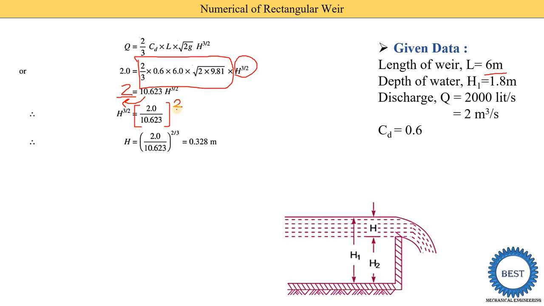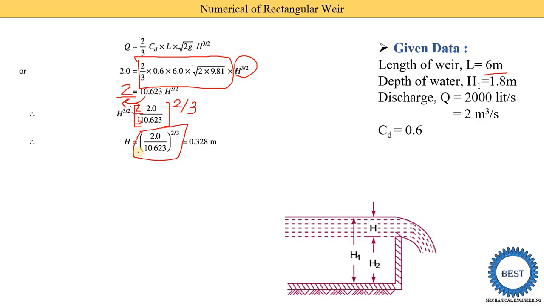So on the right side we multiply with 2 by 3, and this part we can also multiply with 2 by 3. So the 3 by 2 and the 2 by 3 cancel. Then we get these equations. This part is solved in the calculator, then we get this height of the weir head.